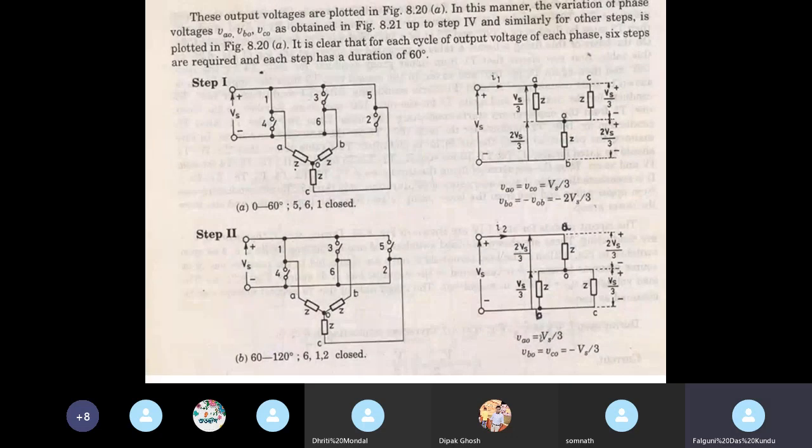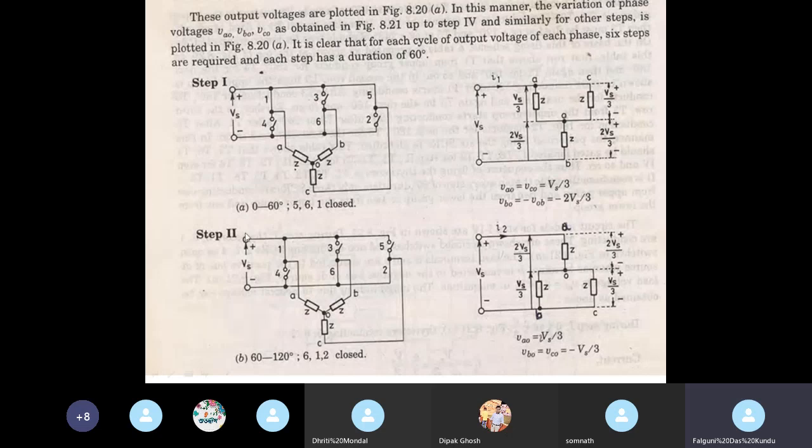For step 2, that means 60 to 120 degree, 6, 1, 2 closed, and what is happening now here, 6 and 2, that means B and C are in parallel, because these are the common of the lower group, okay? 1, 3, 5 are the upper group elements, and 4, 6, 2 are the lower group elements, okay?